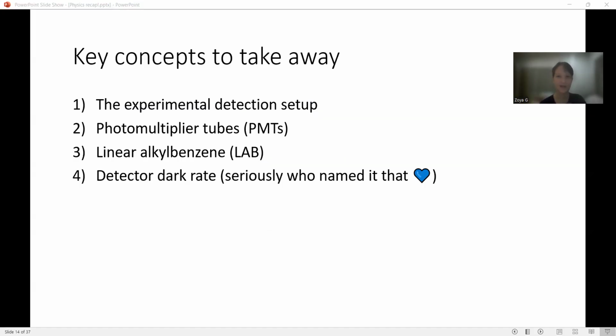So the core of the detection relies on so-called photomultiplier tubes, or PMTs. Think of these as a pipe through which incident particles can bounce a bunch of times and then show us more light than just the singular potential dark matter particle would have, or would trigger in the linear alkyl benzene.